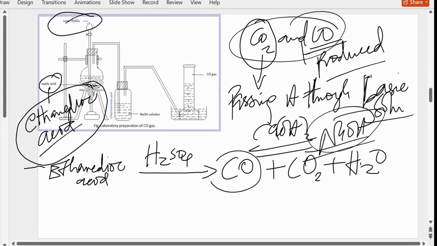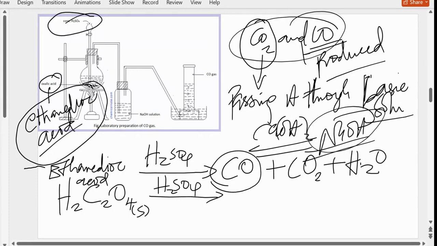And we are interested in obtaining CO. So this is how we write ethanedioic acid, H2C2O4, which is solid, then sulfuric acid, this is concentrated, to obtain CO plus CO2 plus water as shown above.